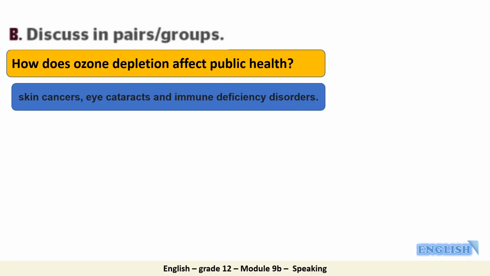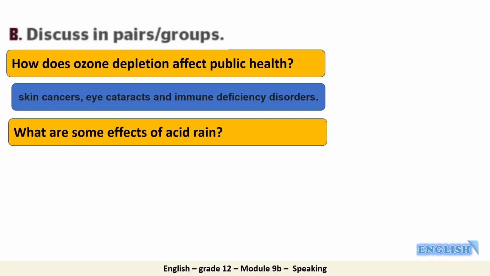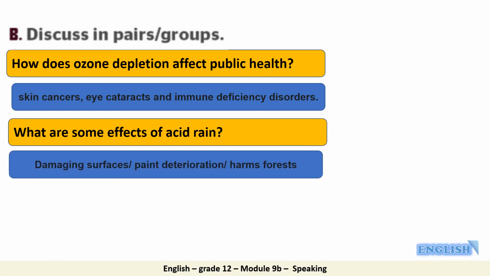For example, we can say skin cancers, eye cataracts, and immune deficiency disorders. So this is the effect of ozone depletion on public health. What about question 2? What are some effects of acid rain? Yes, damaging surfaces, paint deterioration, harms forests.